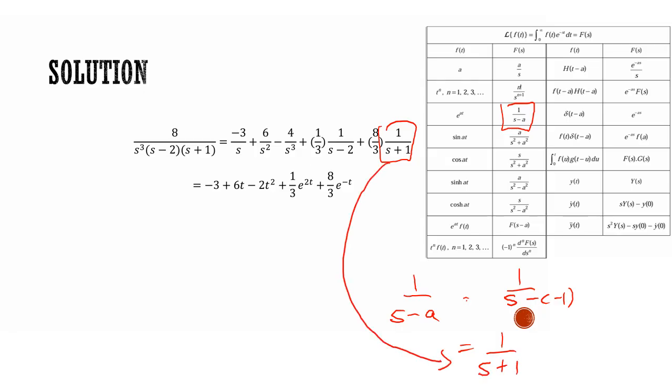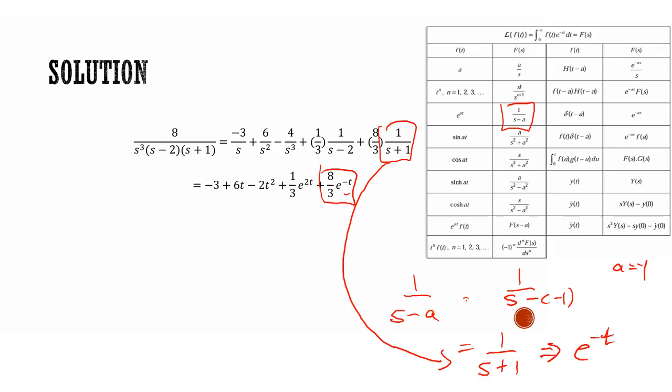So this will be inversely transformed to e to the negative t. So this is correct. Multiply with 8 over 3, multiply with e to the negative t.